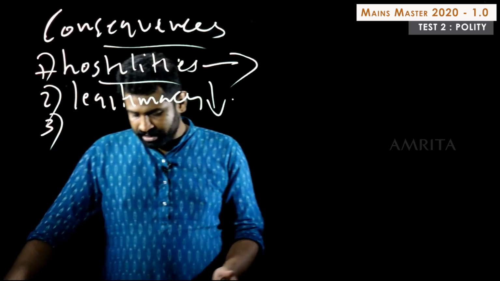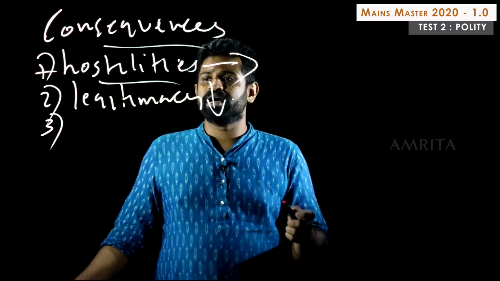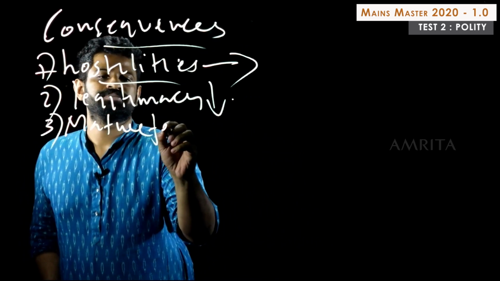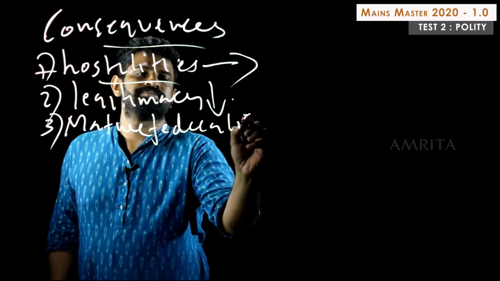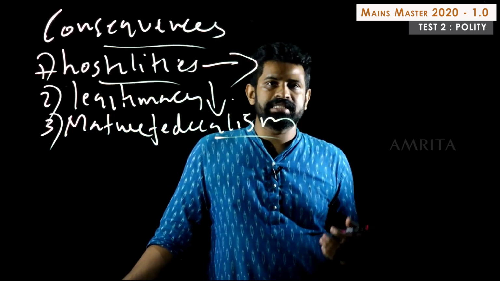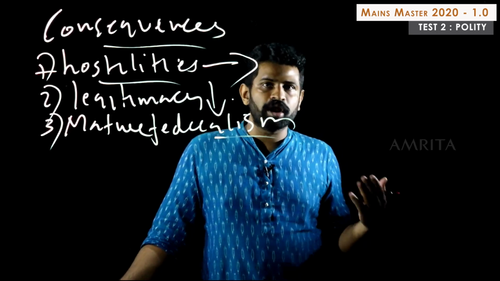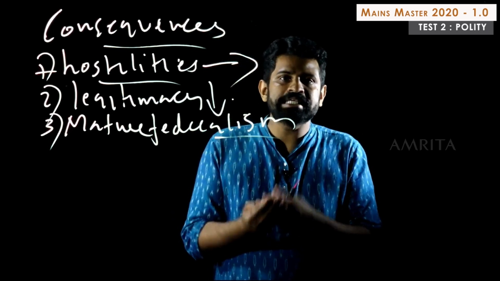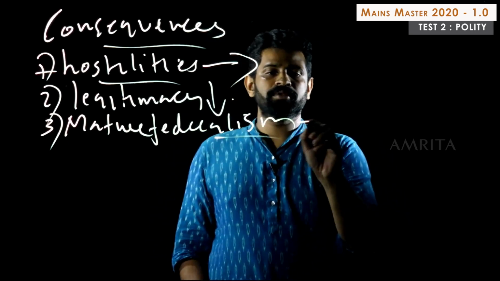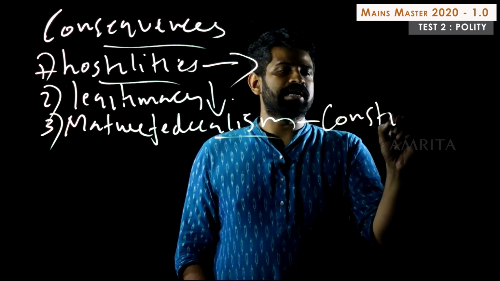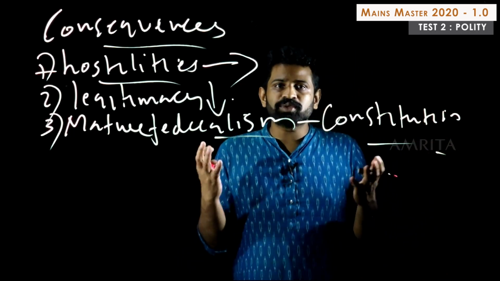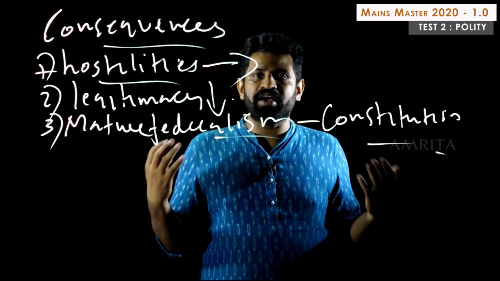Then another thing is that it prevents the emergence of a mature federalism. A mature federalism is one in which there is a proper acknowledgement of the fact that both the central and the state governments derive their power from the constitution, and there is no hierarchical relationship between center and state. That is the actual federal setup that we have envisaged.